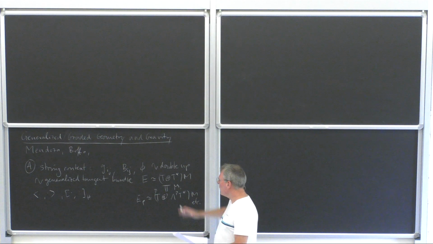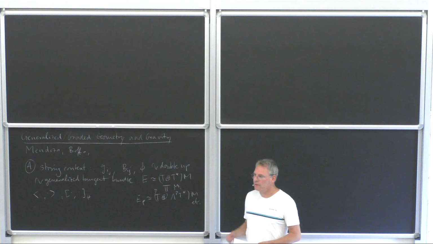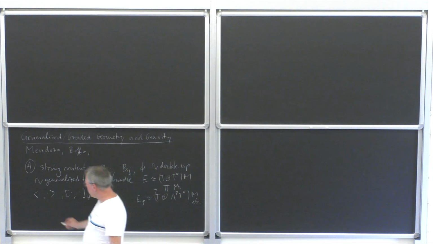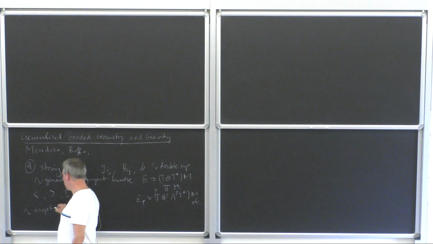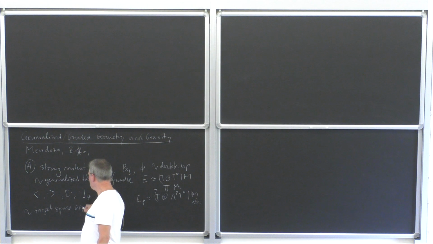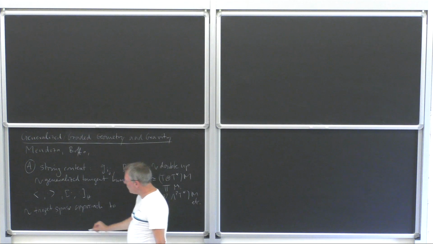And the whole idea of this is that it implements stringy symmetries in such a way, which is very restrictive, that you can actually get a target space approach to effective actions. To effective gravity actions.